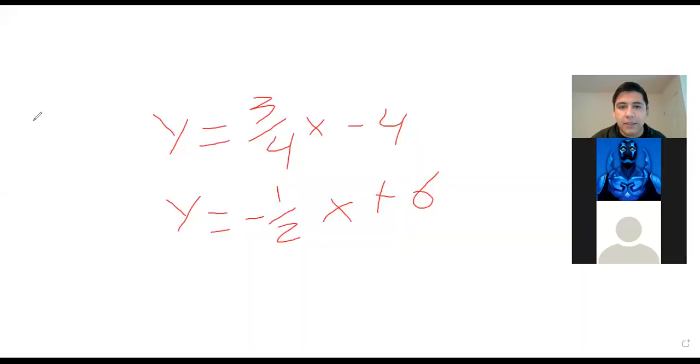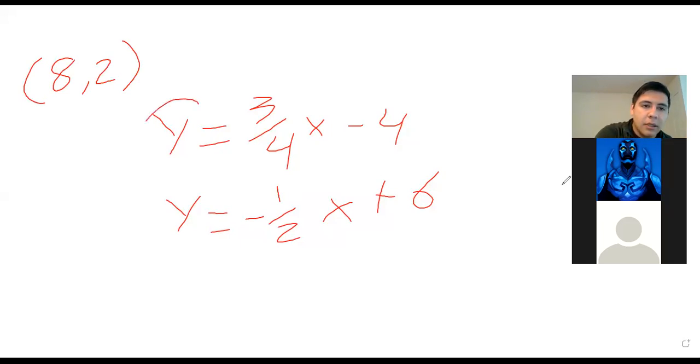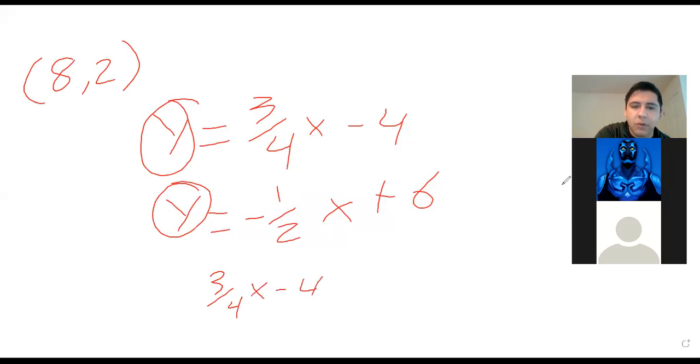They're intersecting, and they should be intersecting at the point 8 and 2. So in reality, they're both equal to y. So we can actually set them equal to each other, and that's what represents our intersecting line. 3/4 x minus 4 equals negative 1/2 x plus 6.